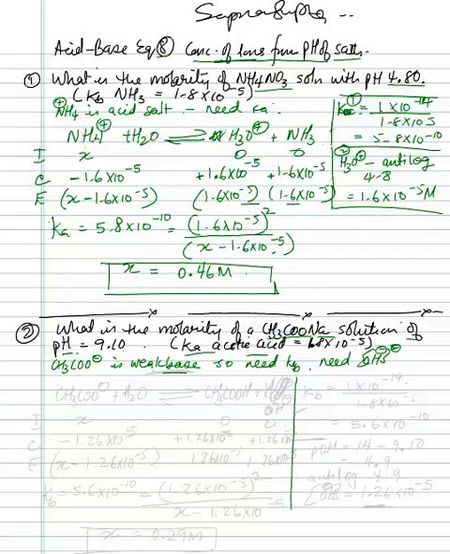First, let's calculate the Kb, which is 1 times 10 to the negative 14 divided by 1.8 times 10 to the negative 5, and that is equal to 5.6 times 10 to the negative 10.